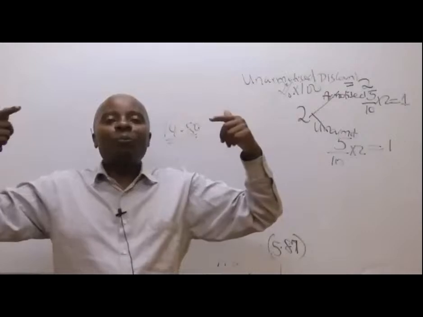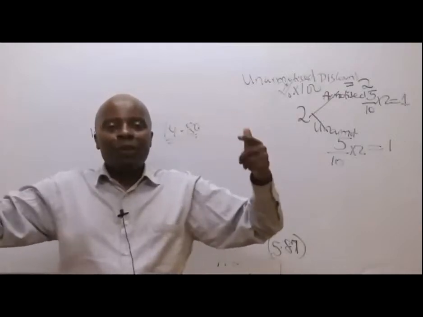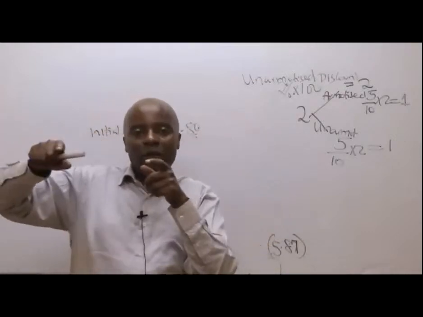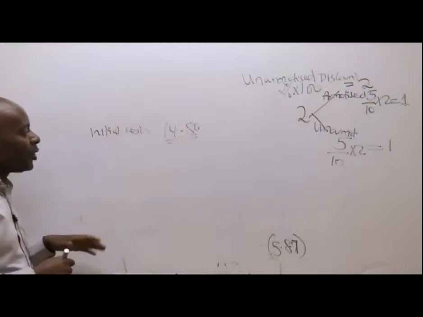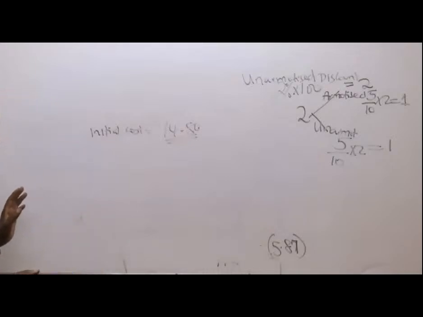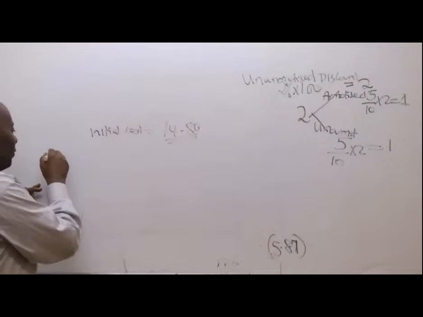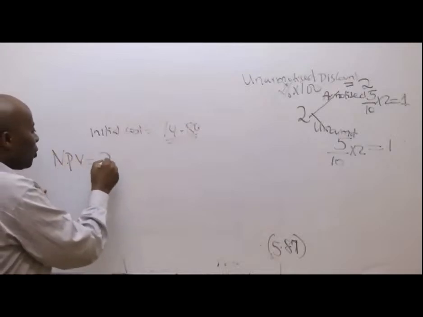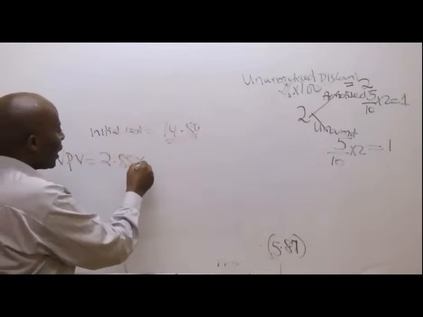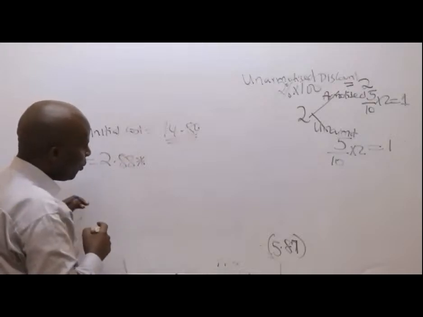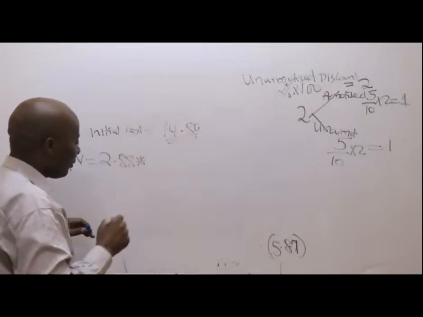Where we had the initial outlay, put this figure. Remember, initial outlay is never discounted. So, ladies and gentlemen, to get my NPV, if I can recall, we are at 2.88 times the PV-FA. You guys had given me a figure like 4 point something.